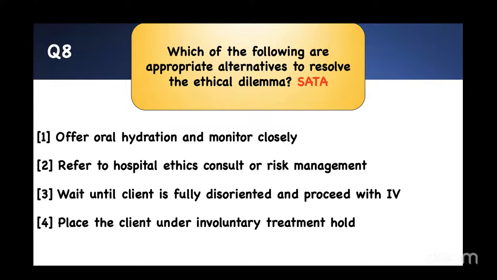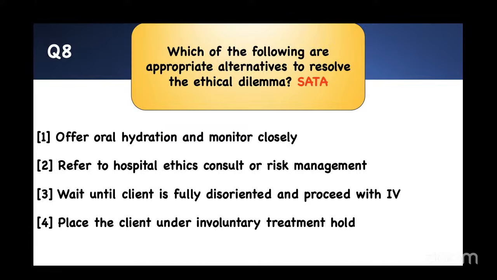Place the client under involuntary treatment hold. Hey, he just came in. You want to put him under involuntary treatment? You know what involuntary treatment means? It means you are basically admitting somebody you worry about, without their will. They have no autonomy. You just admit them, and after that, you can accept their autonomy.